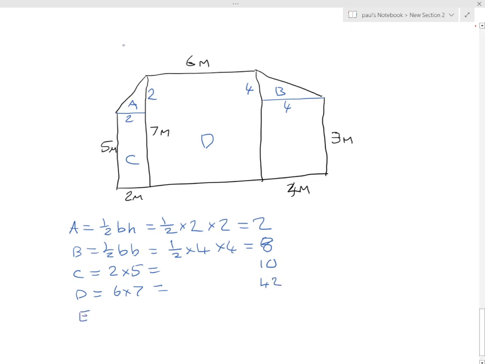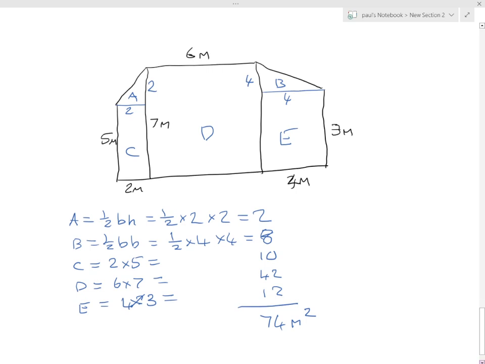And E, which is this one over here, is 4 times 3, which equals 12. So the area of the whole thing, we just add them all up. So 12, 54, 64, 74. 74 meters squared.